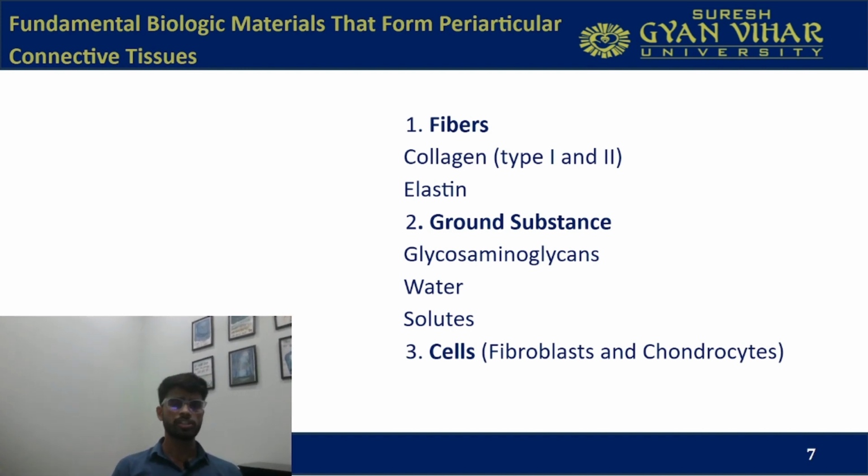There can be collagen or elastin according to the needs of that structure. Then the ground substance present in every connective tissue is composed of glycosaminoglycans, water, and solutes. We will study them in detail in coming slides, and cells will be present. I hope this is clear. What are the fundamental biological materials that make periarticular connective tissue?